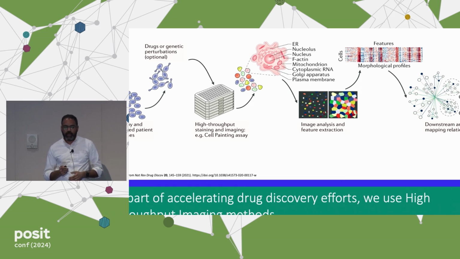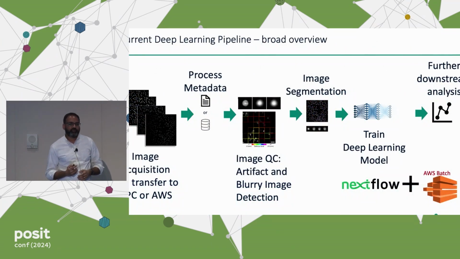Now, in practice, this is what our pipeline looks like where I work. So once we get the images from the scientist, and we get some metadata about what these images are, we do something called image QC, where we look for artifacts, or we look for images that are not good. And then we follow up with image segmentation, where we try to find every single cell in an image, and we find the coordinates.